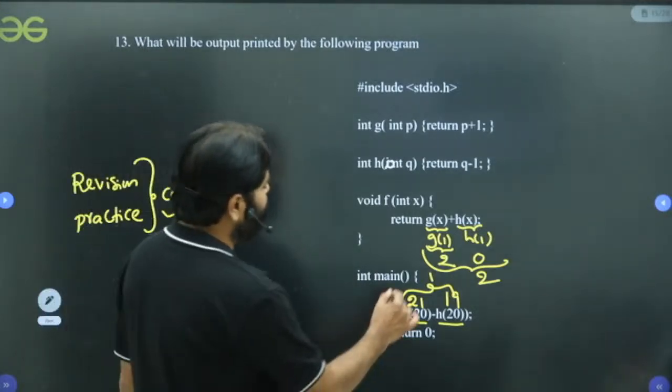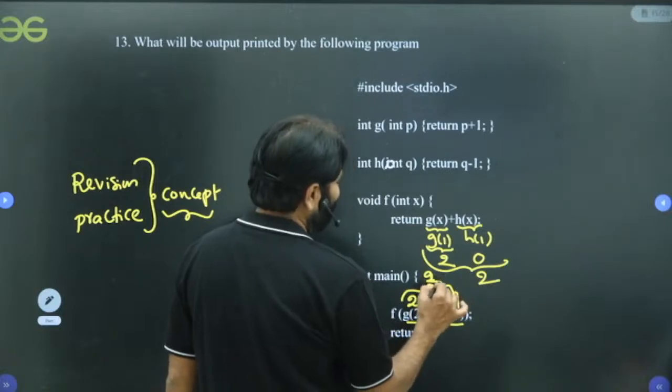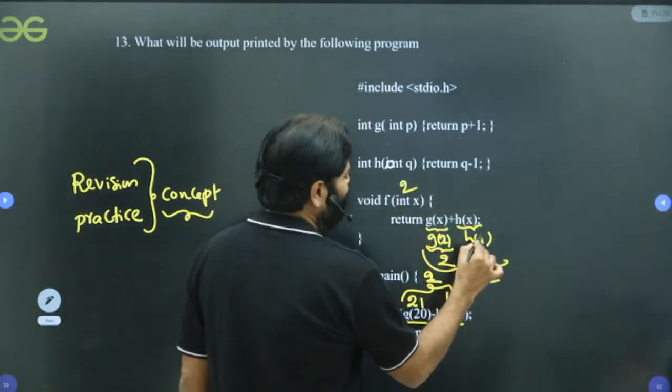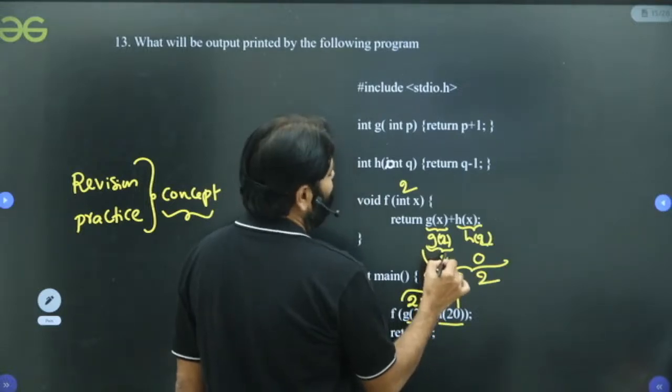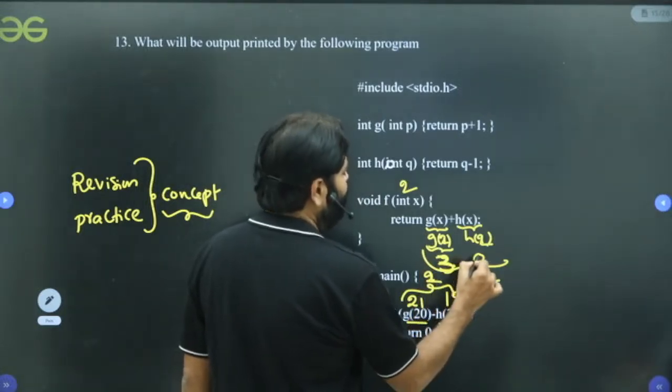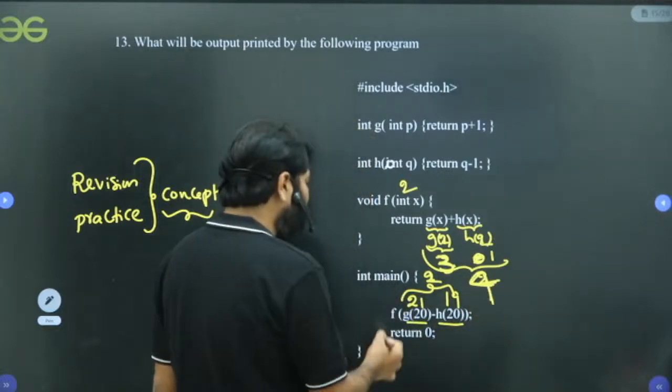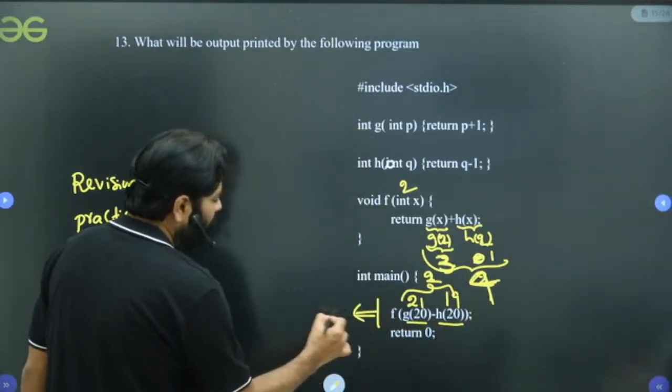Oh, sorry, this one mistake. I'm sorry. F of 2, G of 2, H of 2, and G of 2 will be 3, and this will be 1. 3 plus 1 is 4. Still, F returns 4, and are you printing it?